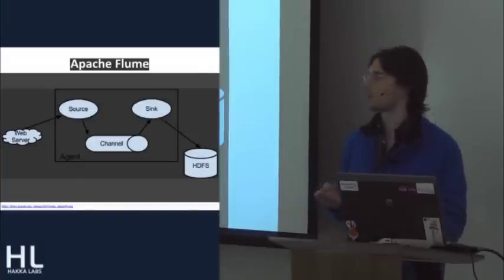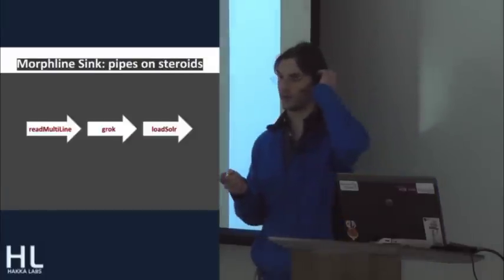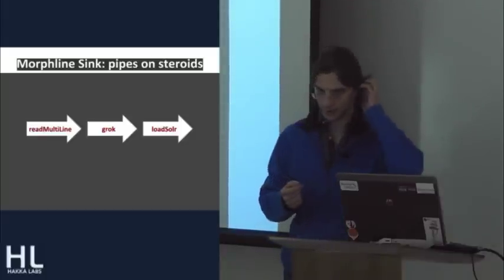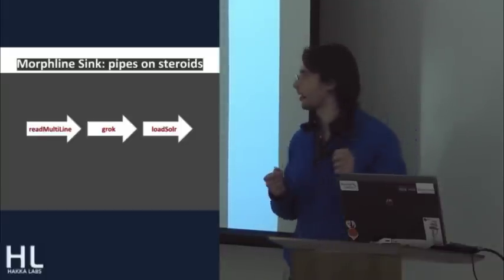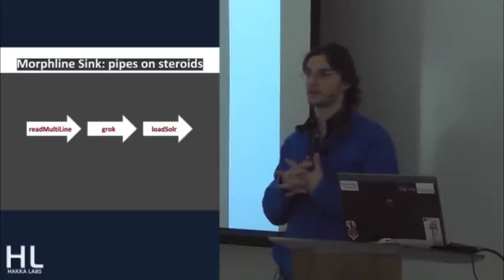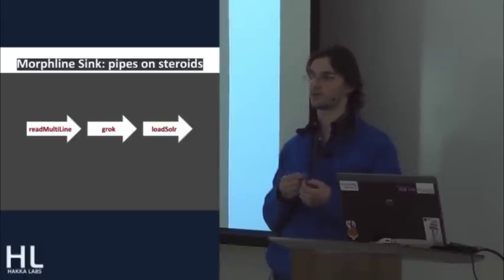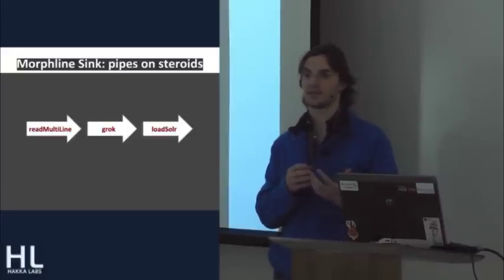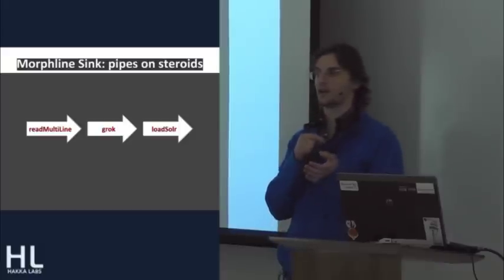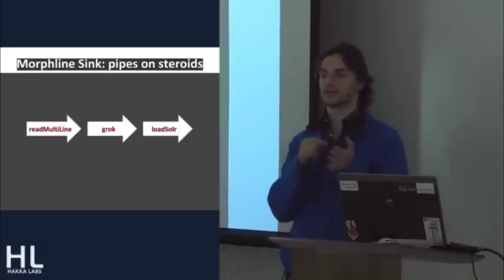And there's one particular sink that does a very good job at processing data. And this one is called Morphline. Morphline is a library that allows you to define some commands, and then you can run your data through these commands as if they were like pipes.